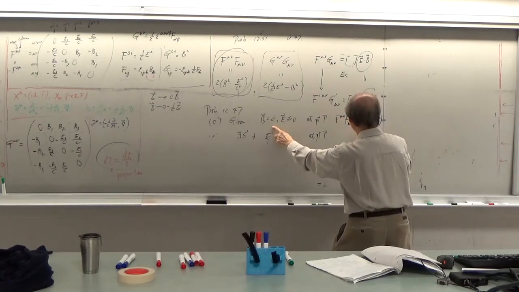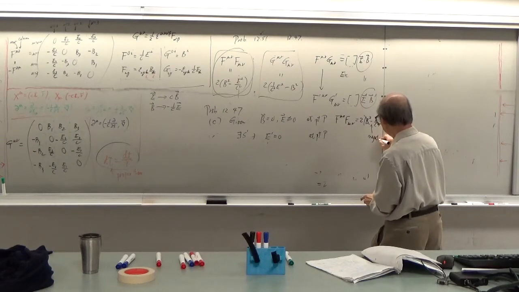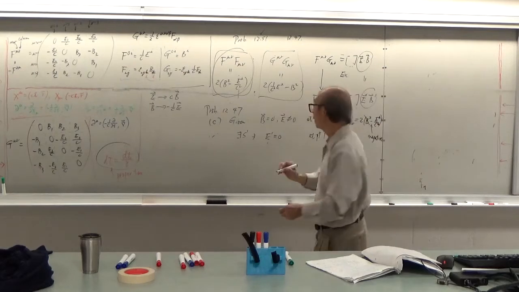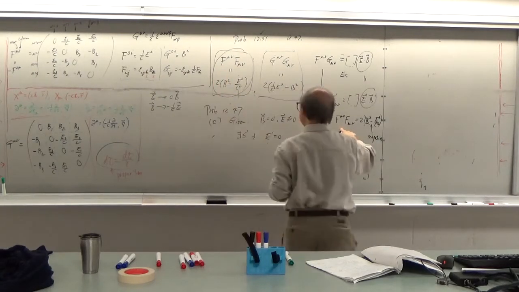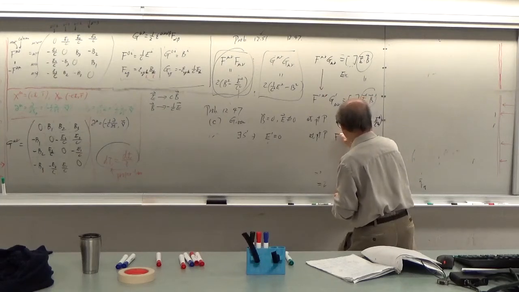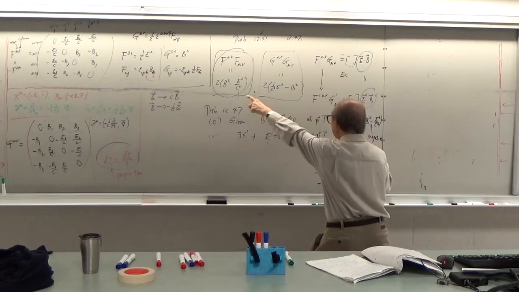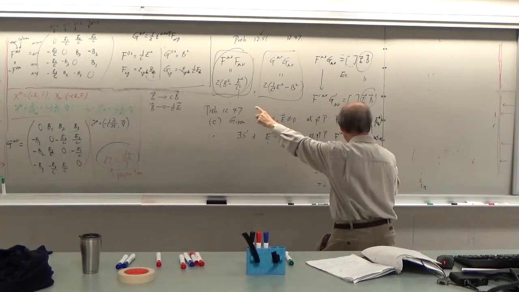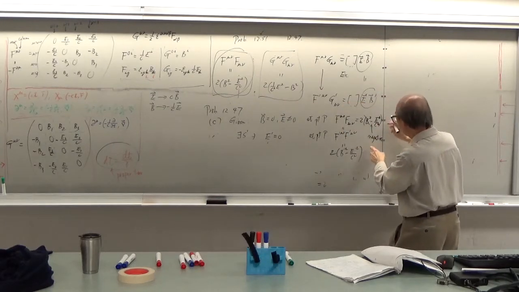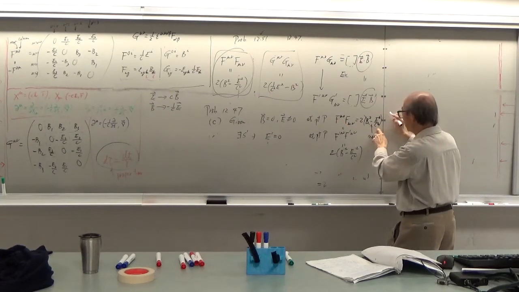So that F mu nu is negative. So that since F mu nu is invariant, this is equal to F prime mu nu, which is equal to 2 times B prime squared minus E prime squared over C squared. Now we know this F mu nu is given by negative something. So this is negative.